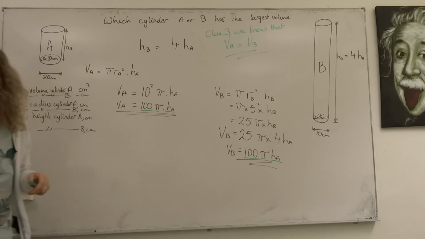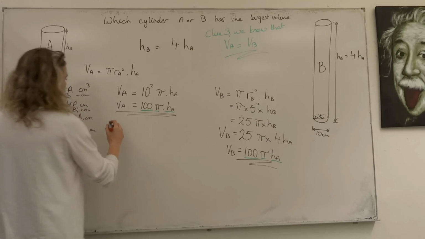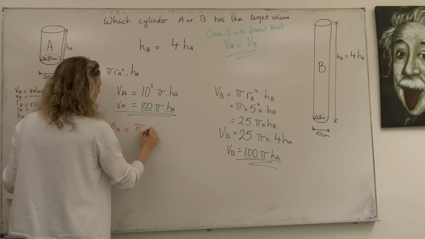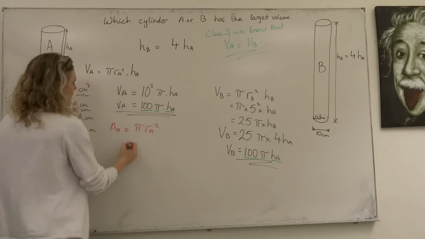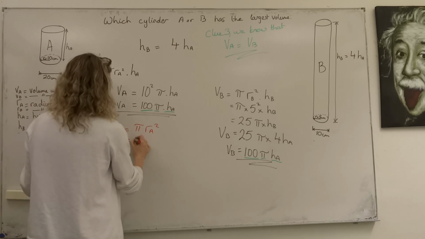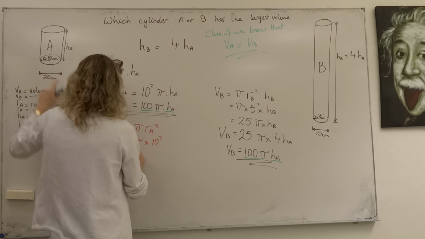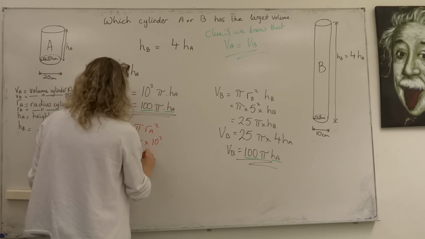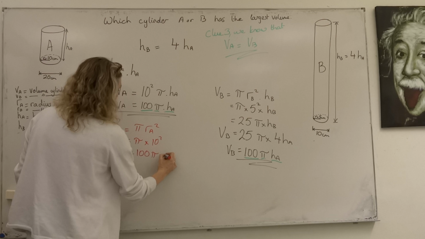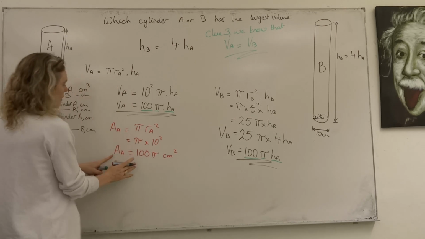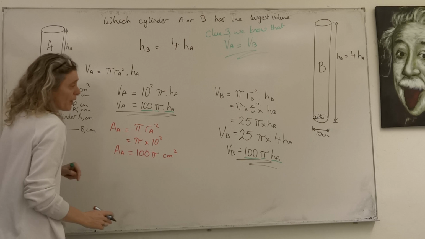We'll use a different colour here, makes it a little bit clearer that we're now talking about areas. The area of A will be pi r of A squared, which will be pi and the radius squared, 10 squared. So 10 squared is 100. The area of the bottom of cylinder A will be 100 pi centimetres squared.